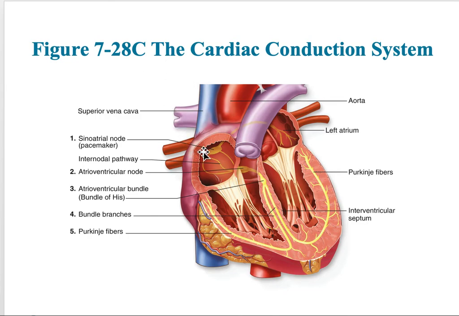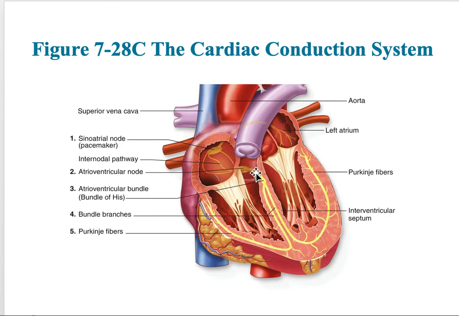The heart has a special function as it has a conduction system where it conducts and starts impulses. These impulses are generated from the SA node. They carry over through the atrial pathways, then through the AV node, where there's a slight pause to allow the atria to empty into the ventricles.